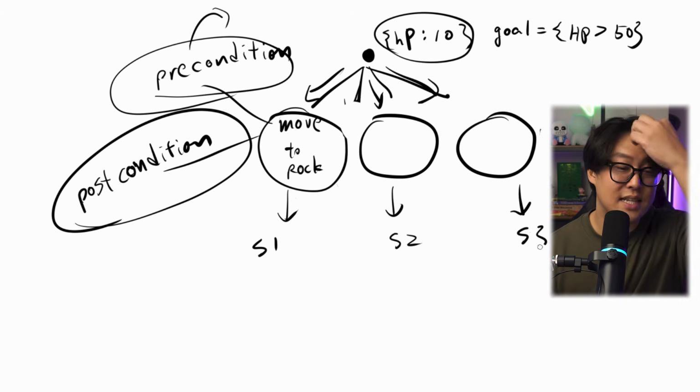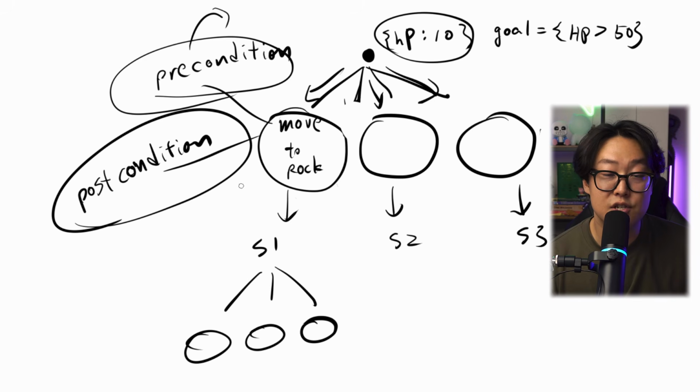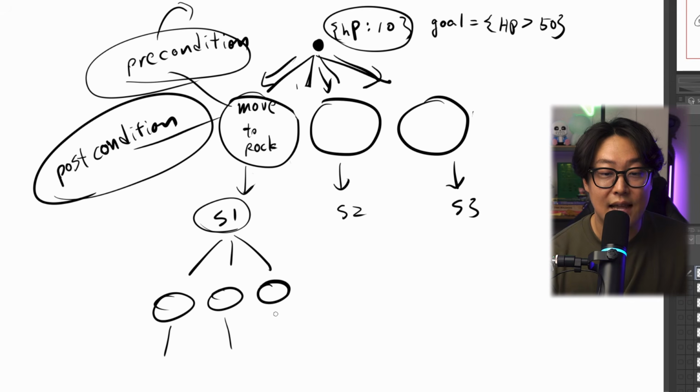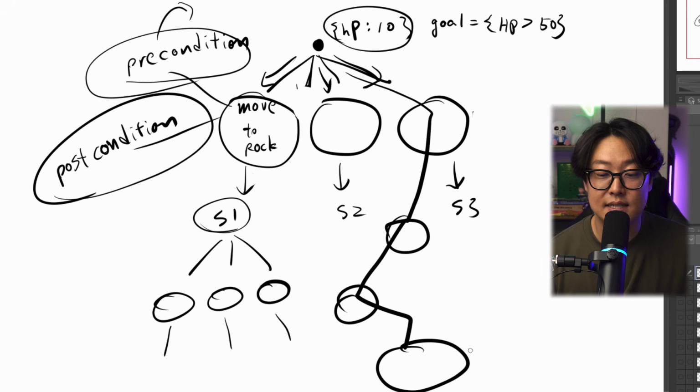And based on these states, we have more actions available, filtered by the preconditions. So preconditions based on this state will be our available actions. And then we go, and eventually you get this path within the action graph where finally you have a state where the goal is reached.